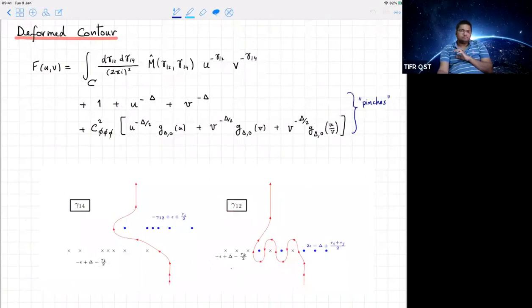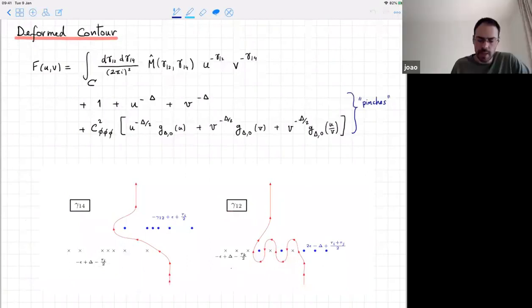Well, maybe this I can do more quickly. Another alternative, instead of bringing everything to a straight contour at the crossing symmetric point, is to allow for deformed contours. The contour is the same for all of them. So you still bring them to the same contour, but this contour is not straight.